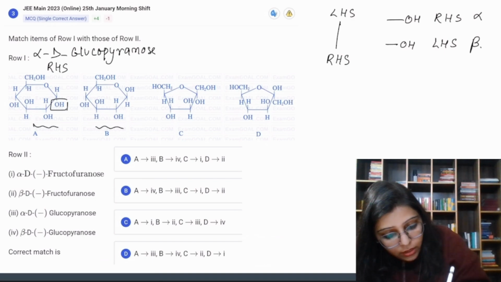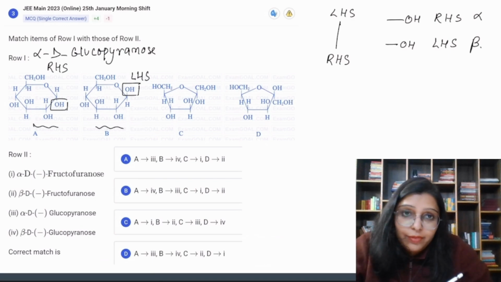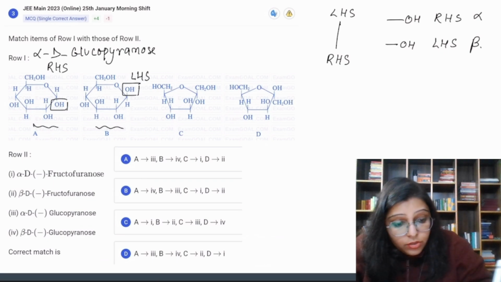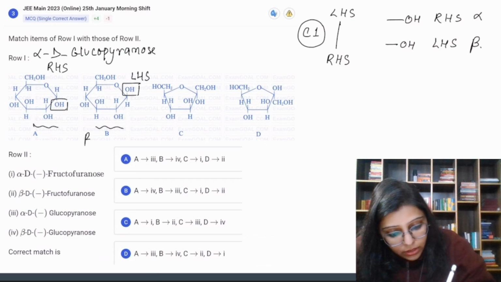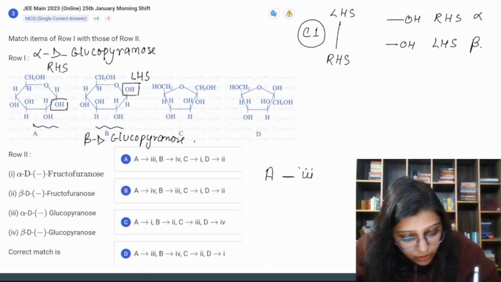Here OH is on the left hand side, that's why it is above, on carbon number 1. So this is beta D glucopyranose. Clear? So A can be matched with third, and B can be matched with fourth.